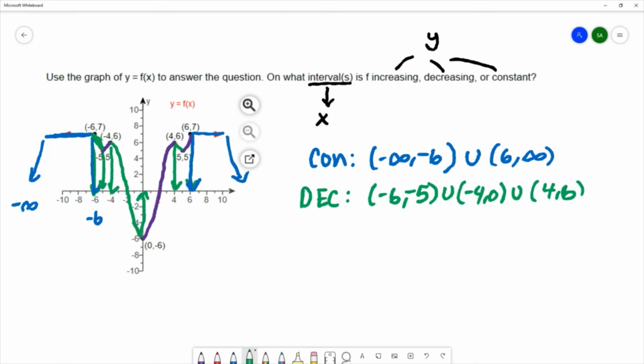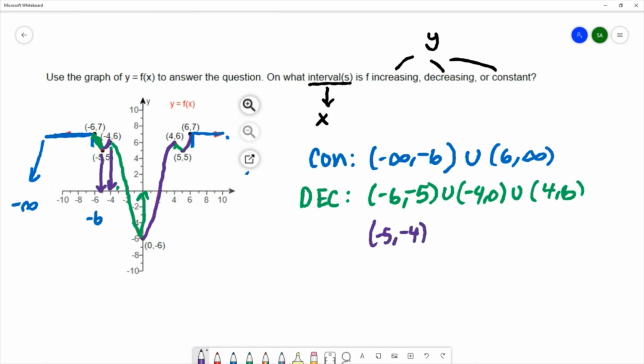And then we have increasing on the purple sections. I think I need to erase a little bit because I'm getting messy. I can't see my values anymore. So this purple section is starting at negative 5 and goes until negative 4.